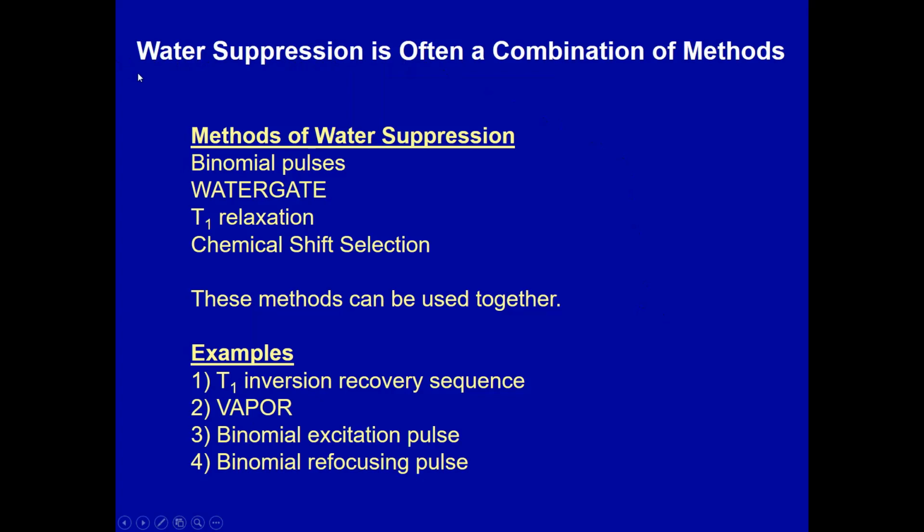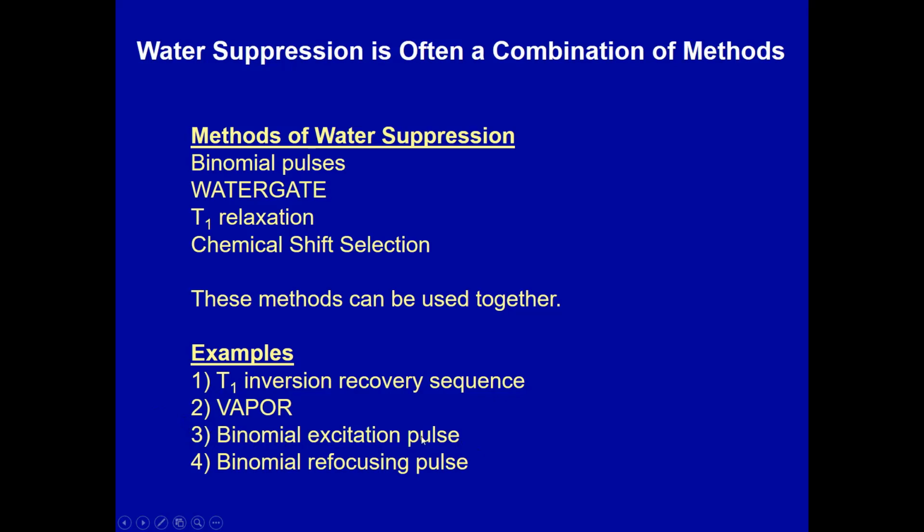And the water suppression is often a combination of methods. Just like we talked about the volume suppression being, you could maybe combine ISIS with STEAM. You can also apply various methods together. So, for example, you might use VAPOR followed by a binomial excitation pulse.